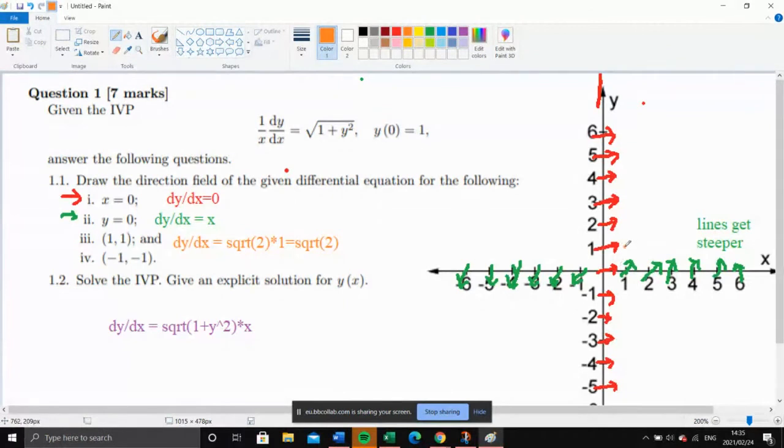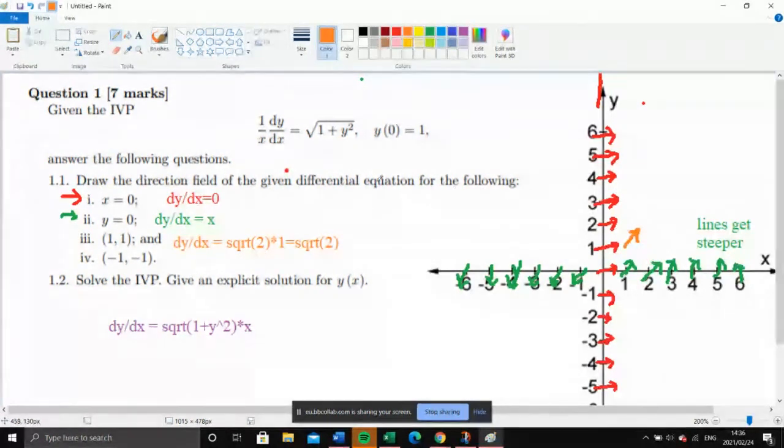So that means at the point 1, 1, my derivative is going to be approximately 1.41, and I just draw in an arrow to represent that. So in reality, this arrow would be a bit steeper than the arrow at 1 and a bit less steep than the arrow at 2.